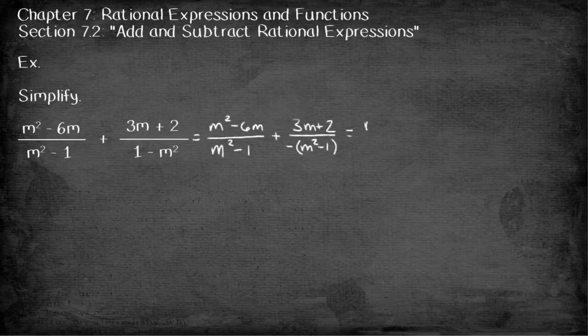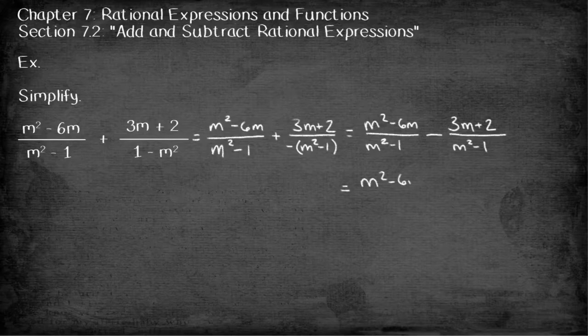So I'm actually going to rewrite this to be just subtracting the whole fraction, which gives me m squared minus 6m minus 3m plus 2. Remember, I have to subtract the entire numerator as kind of one thing.